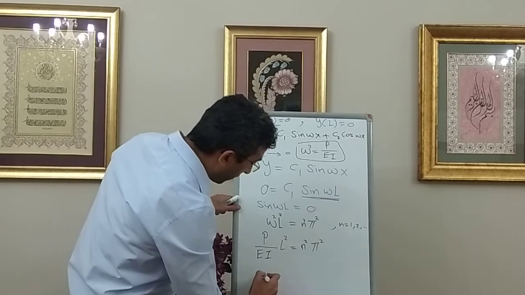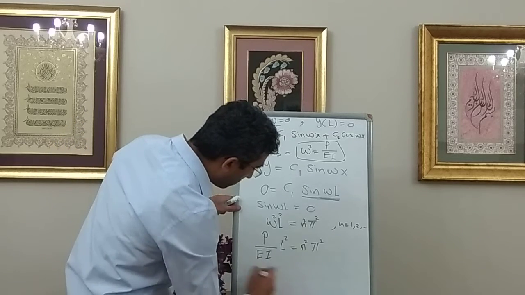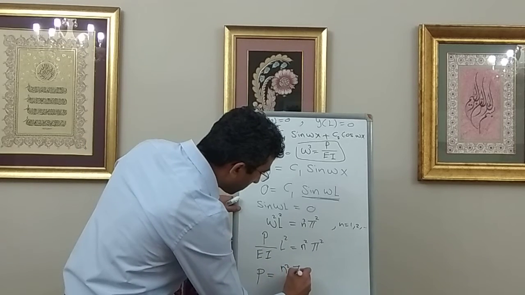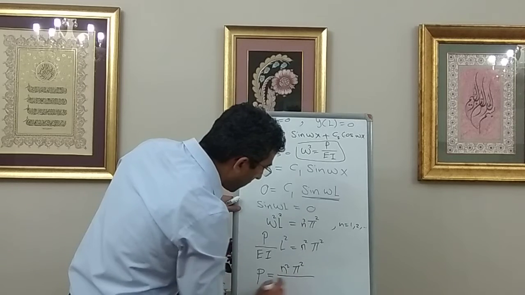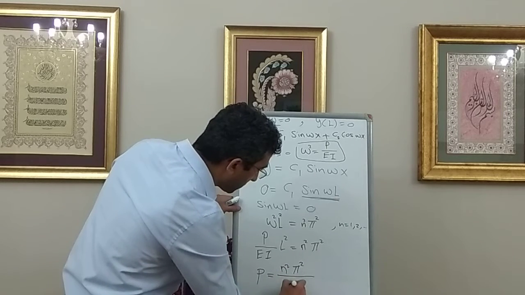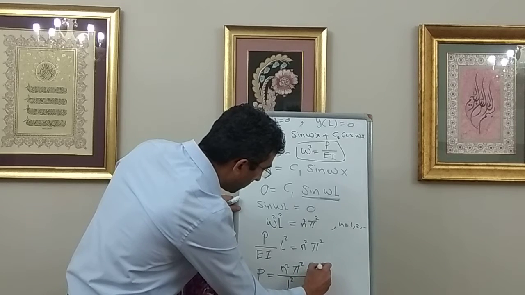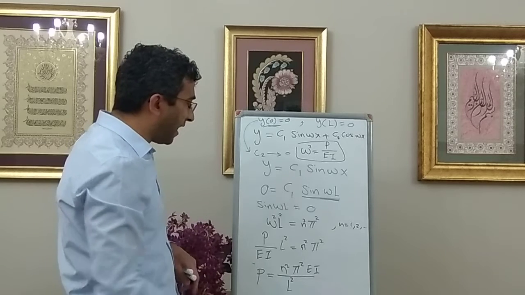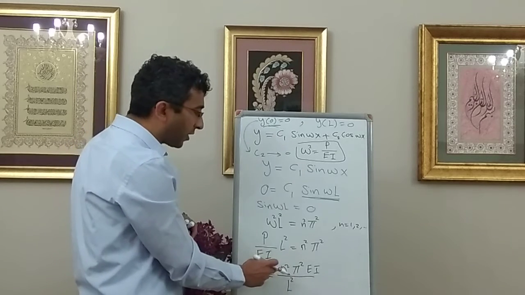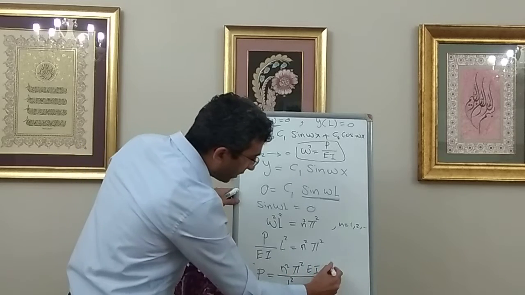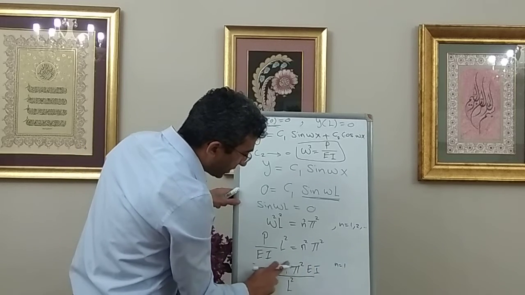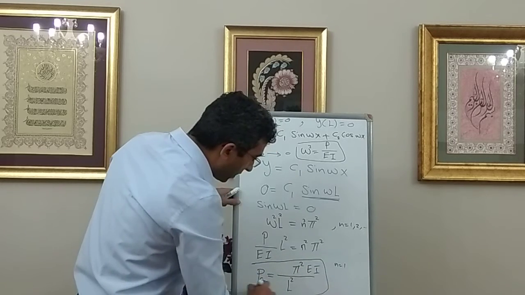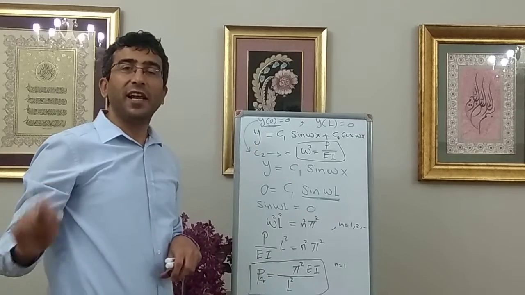So the critical buckling load, P, is equal to n squared pi squared divided by L squared multiplied by EI. For the minimum value of P, this n can be 1, 2, 3, 4. The minimum value is n equal to 1. So the critical load that will cause the buckling is given by this relation.